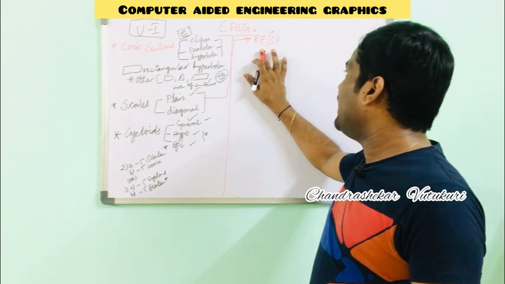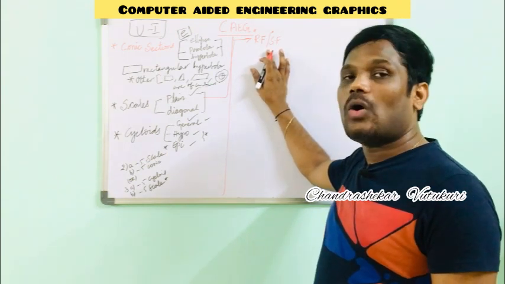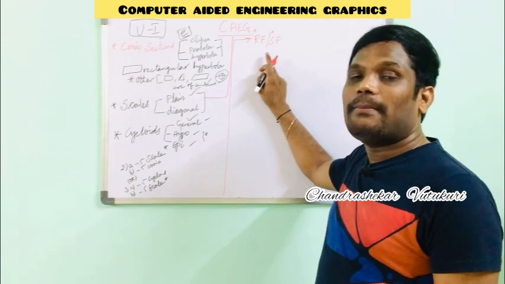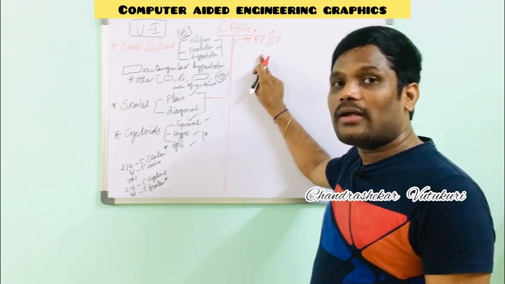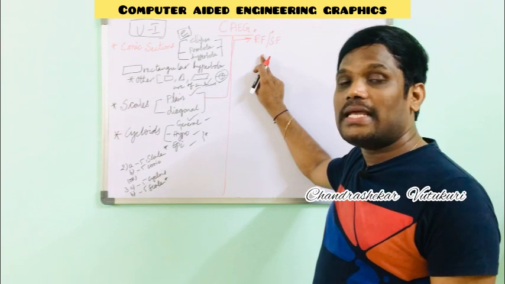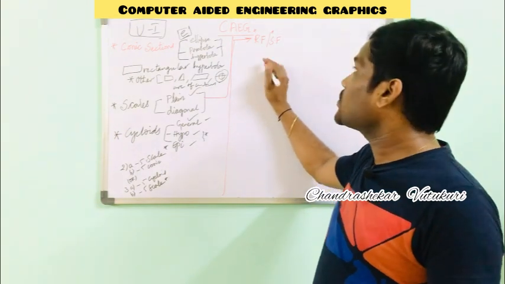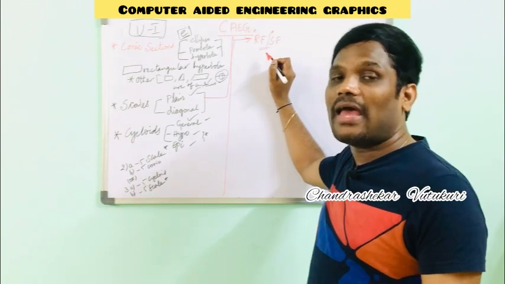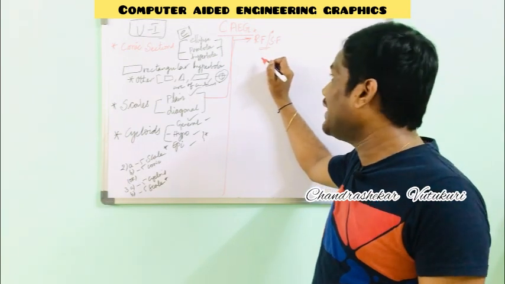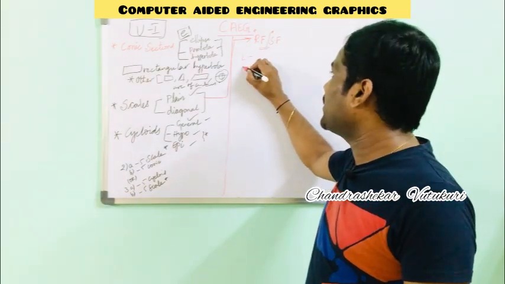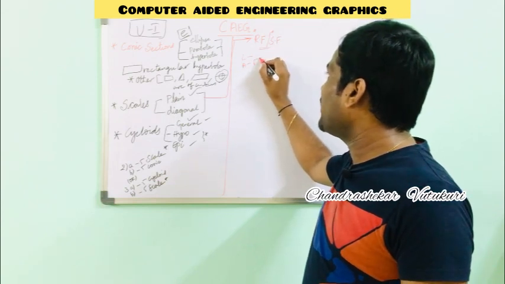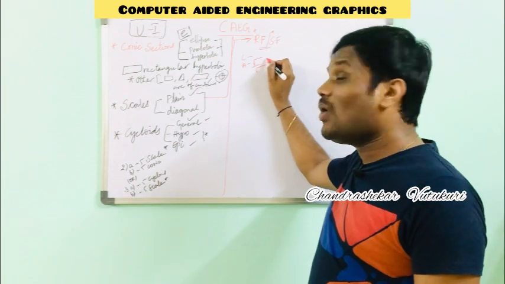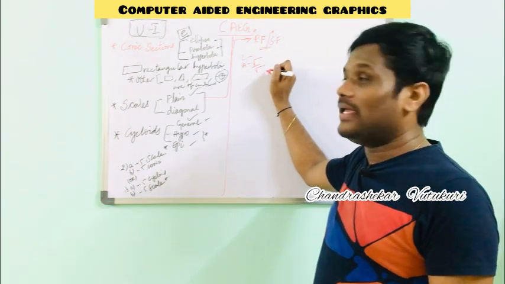Now, what is this RF and SF? A brief lecture video has been done on the scale introduction. Please go through my channel playlist and watch the first video under the topic of scales, dear students, so that you are able to understand this. For length, RF is the length of the drawing by the actual length. When it is about area, it is the square root of the area of the drawing by the actual area.